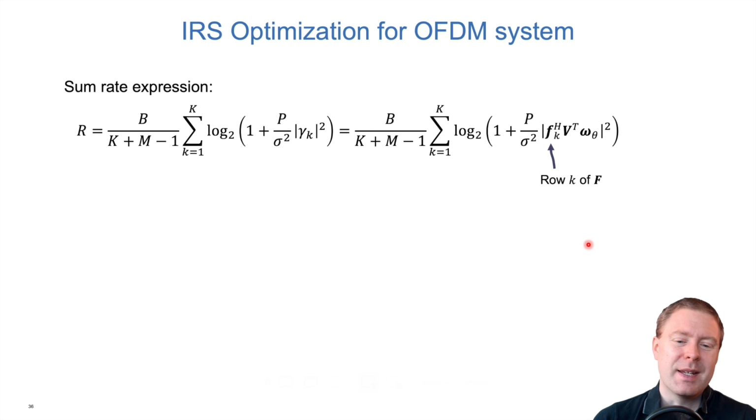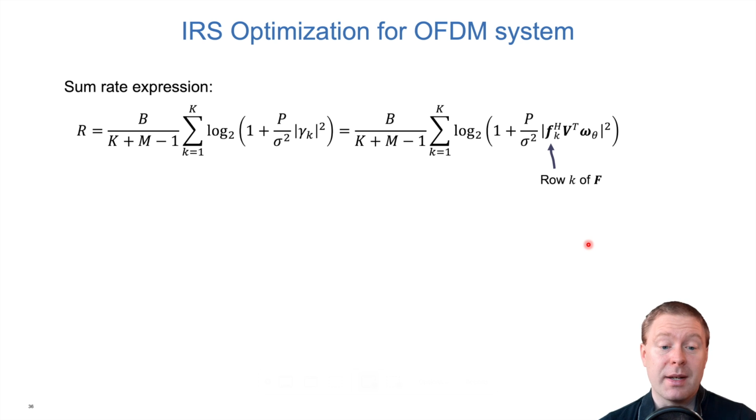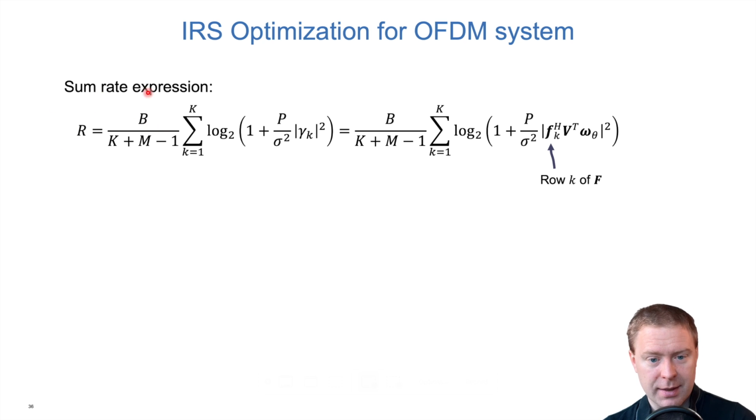What will then be the sum rate expression that we will get in a scenario like this? Well, the rate in megabit per second or bit per second that we have is that we take the bandwidth and we divide with the number of subcarriers that we have, k, and then, to deal with the number of taps we have in our channel, in OFDM we have a cyclic prefix of length m-1, so we need to divide by that as well. Then we sum up over all of our different subcarriers.